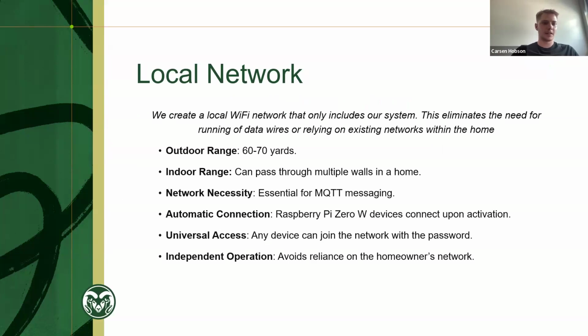We've tested it indoors. It can pass through multiple walls in a home. Like we said, the local network is needed, so we don't have to rely on the homeowner's network and any interference with that. Any device is able to join the network, and you can go to the next slide.